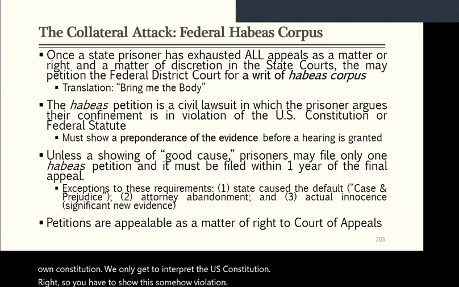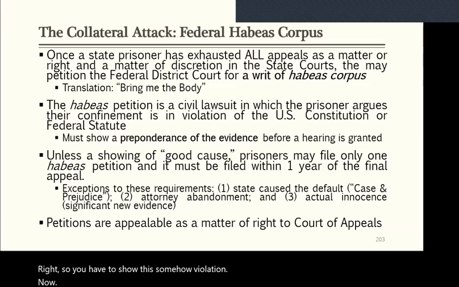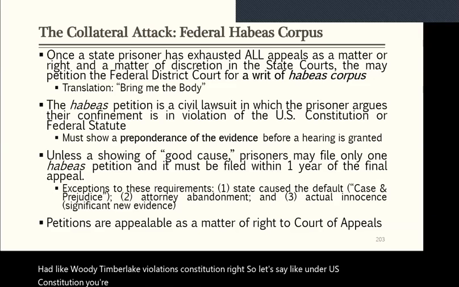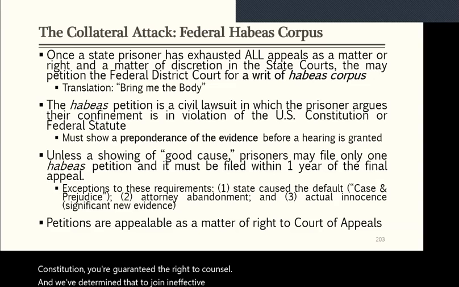Now, that being said, what do you mean by a violation of the US Constitution, right? So let's say under the US Constitution, you're guaranteed the right to counsel, right? And we've determined that to generally mean effective counsel. Let's say that the state did not provide you counsel, right?